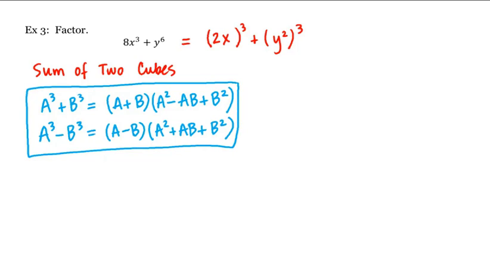Notice on this first formula, we have a plus here and a plus here, but a minus here. Whereas on the second one, we have a minus here and a minus here, but a plus here.